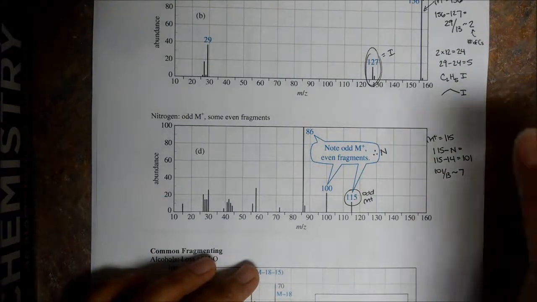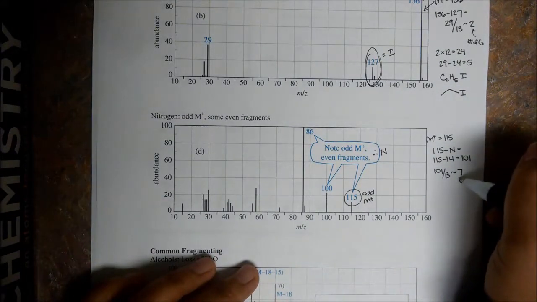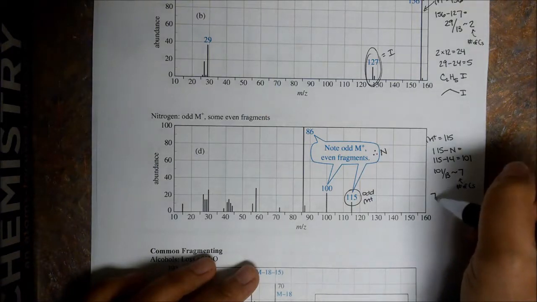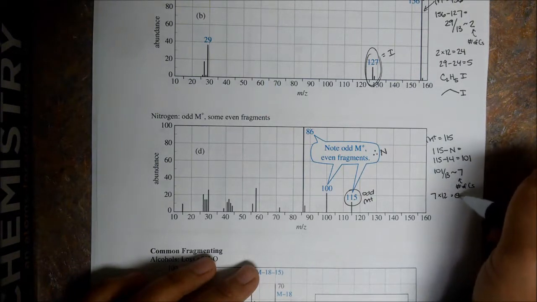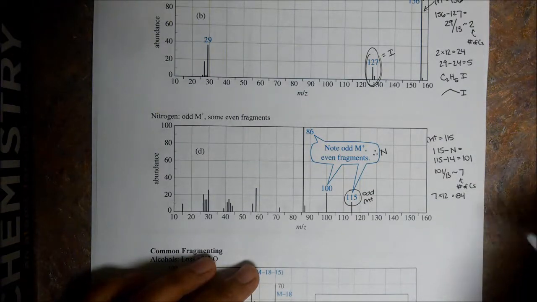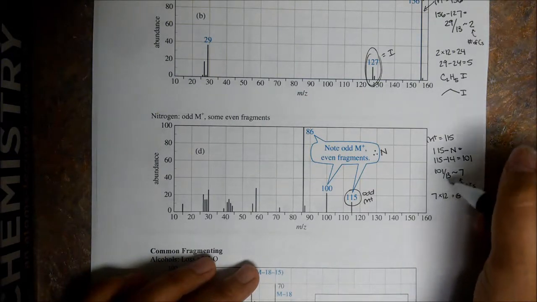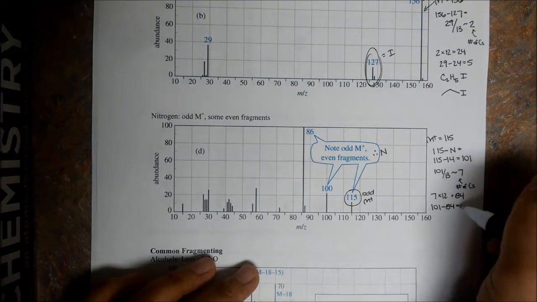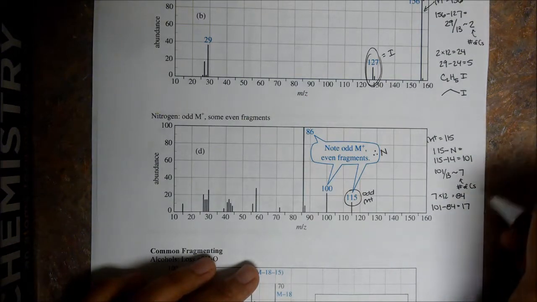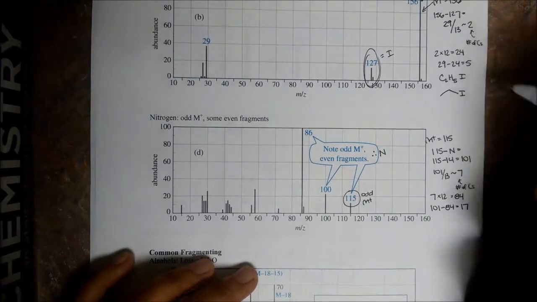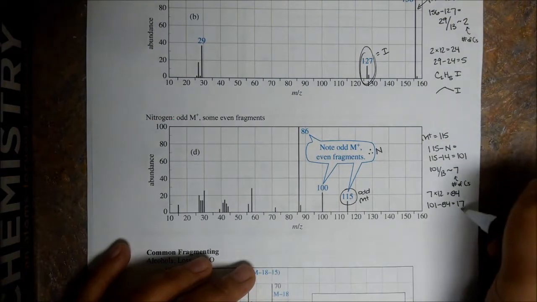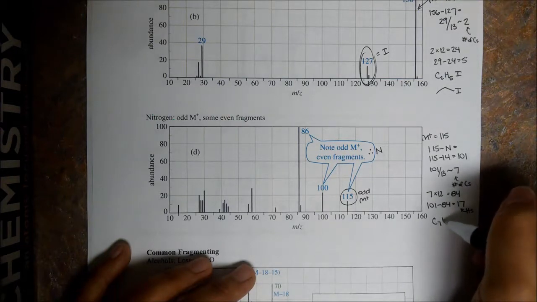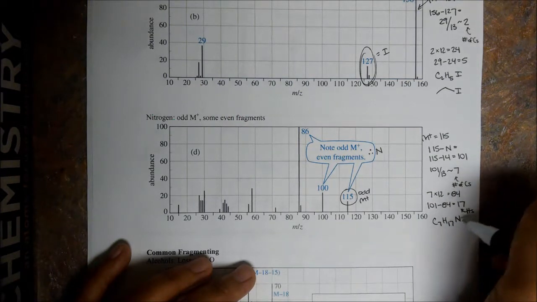This is our number of carbons. 7 times 12 equals 84. We had 101 left, and 101 minus 84 equals 17. Whatever is left over are hydrogens. So we've got C7H17N.